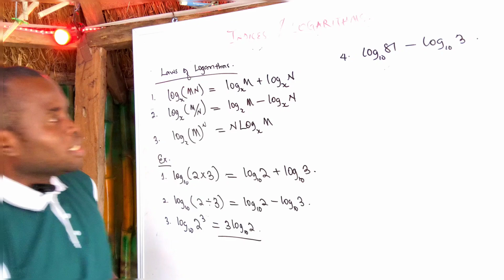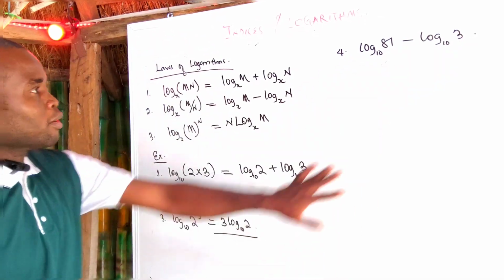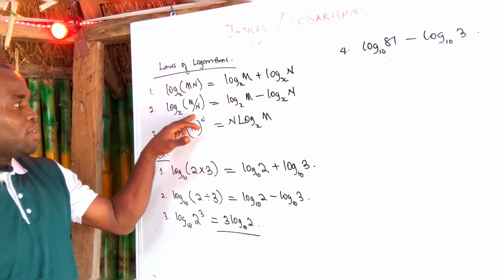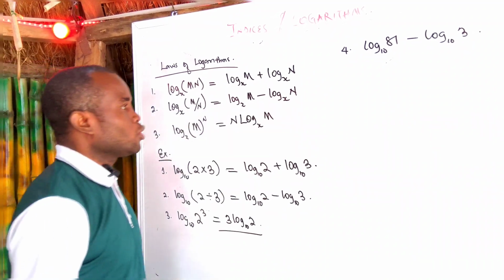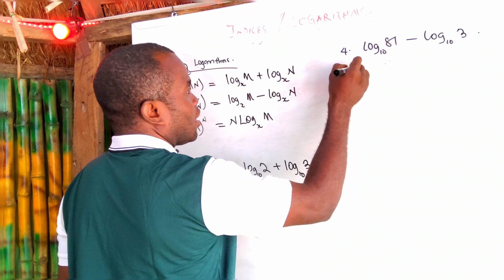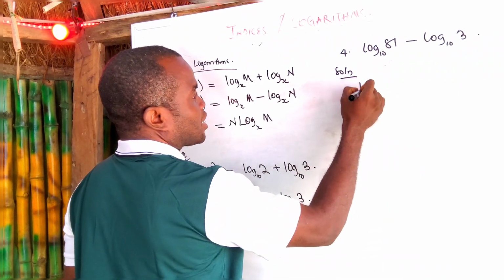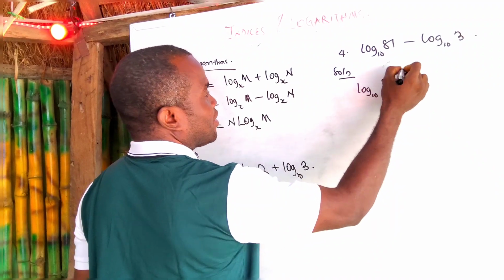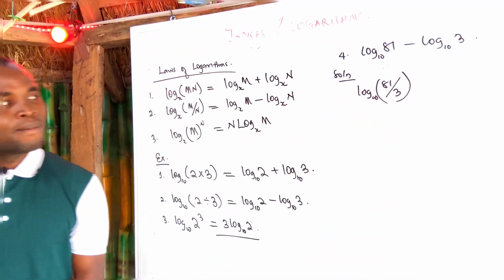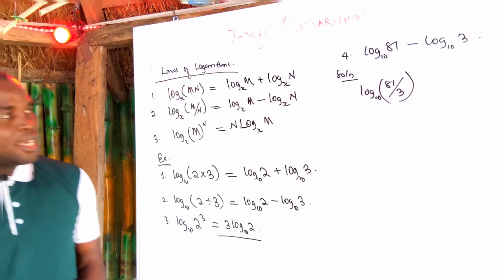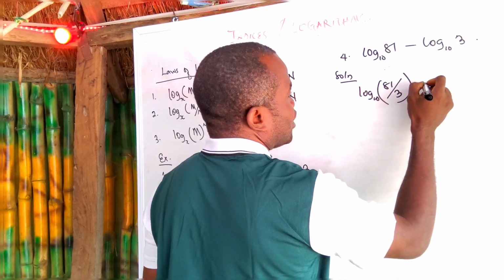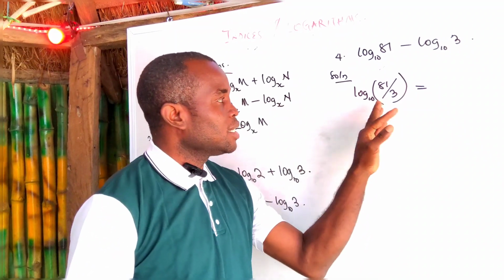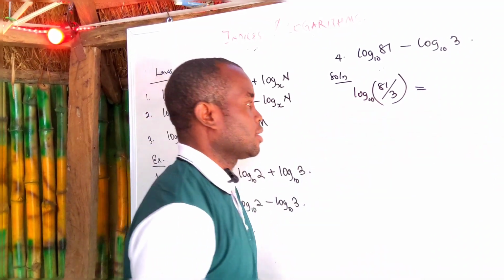Look at this, it's just a reverse of this very law. You can see log x m divided by n is equal to this. So you just say this is the same thing as log base 10 of 81 divided by 3. Did you see that? 81 divided by 3, this will just be 27, right?